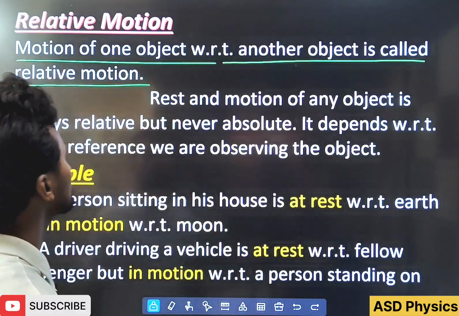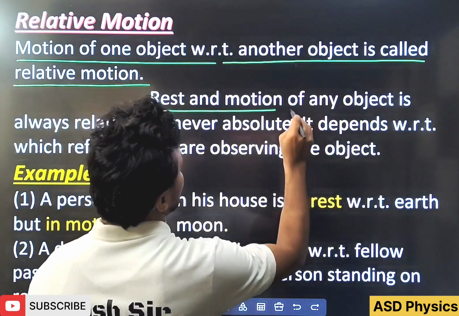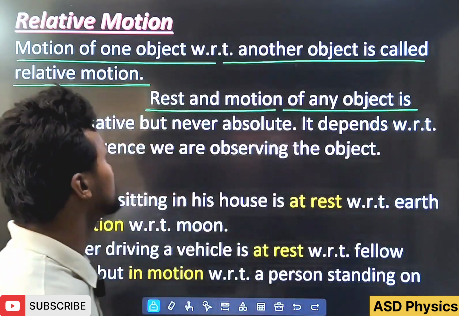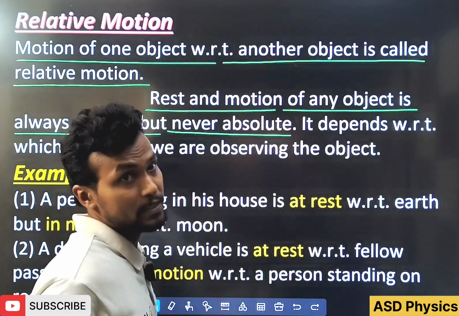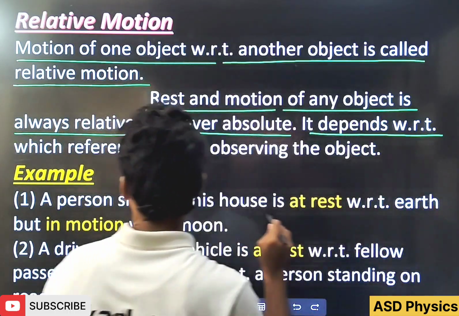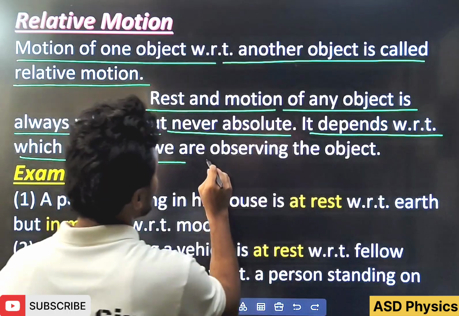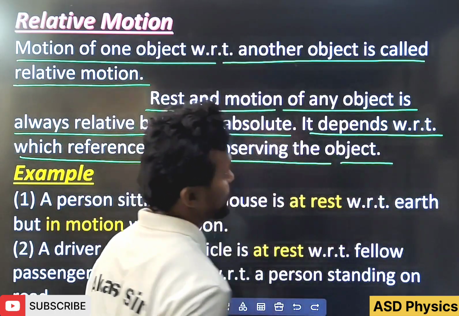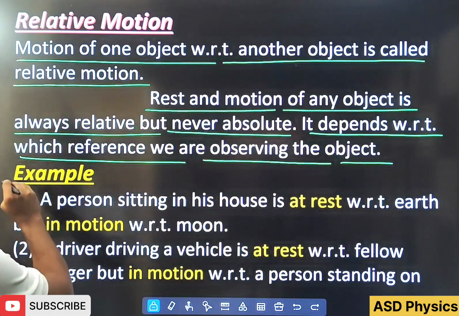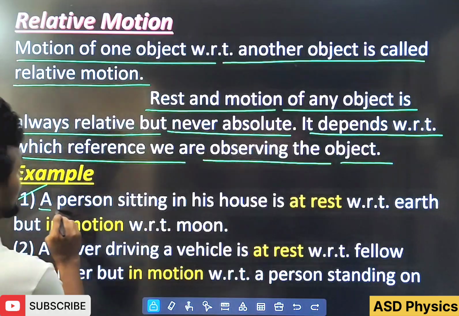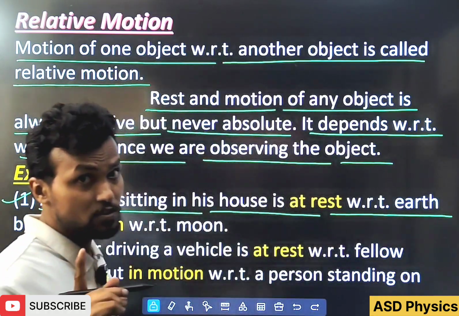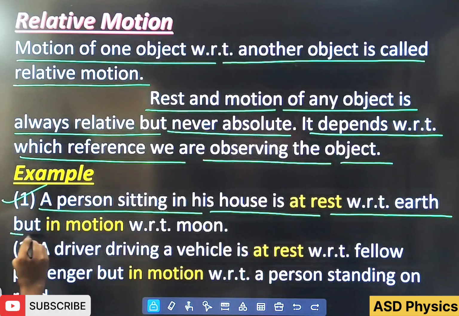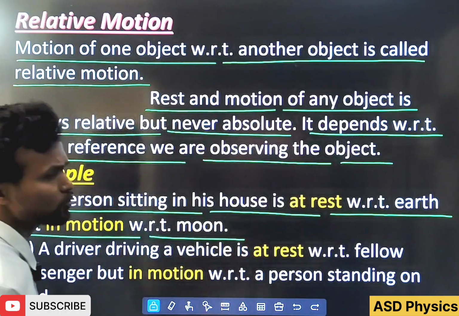Okay, let's go further. Rest and motion of any object is always relative but never absolute. As I have told you, it depends with respect to which reference we are observing the object. Let's see the example. First example: a person sitting in his house is at rest with respect to earth but in motion with respect to moon.